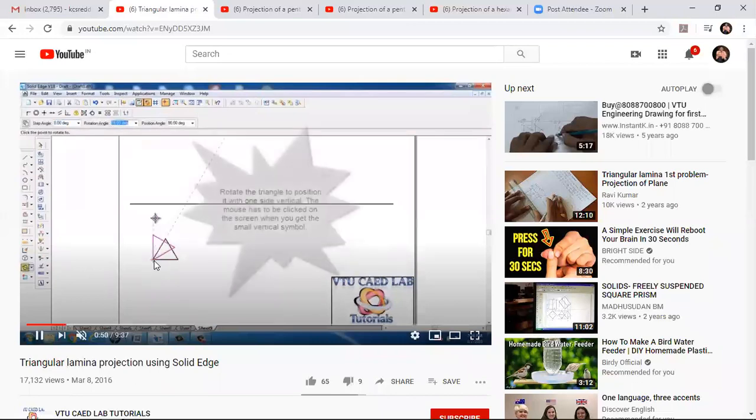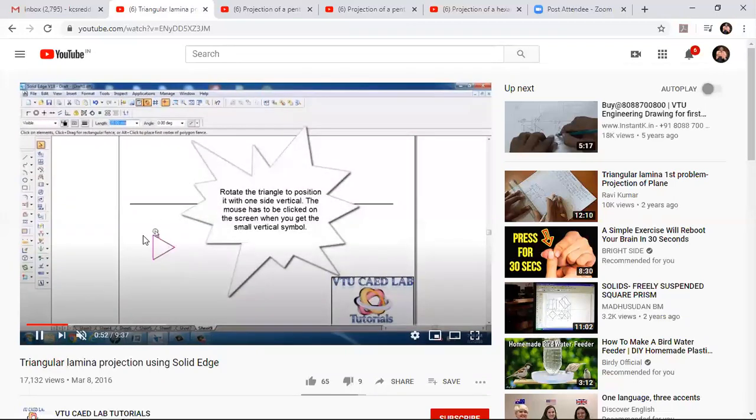Using the rotate command, pick one endpoint and then the other endpoint, then rotate to make that vertical line. The mouse has to be clicked when you get the small vertical symbol. So here, what commands are used? One is the line command with angle, the other is the rotate command to make this vertical.